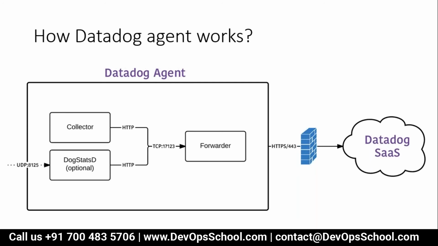DogStatsD does the same thing, but gathers data over UDP, whereas the collector can gather data from different sources through the network. DogStatsD gathers data from the UDP protocol and sends it to the forwarder, and the forwarder sends it to the Datadog SaaS.